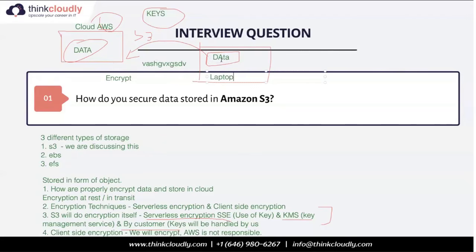Now I want to upload this particular data on AWS, on the cloud, right? So what I will do, before uploading, I will encrypt it, and that is called client-side encryption. Okay, when encryption is happening on my laptop before uploading to the cloud, that is client-side encryption.